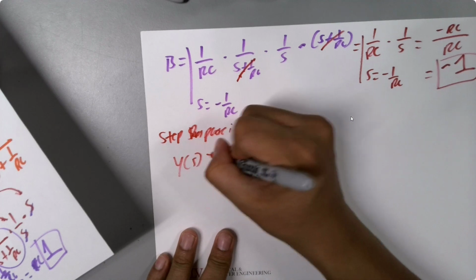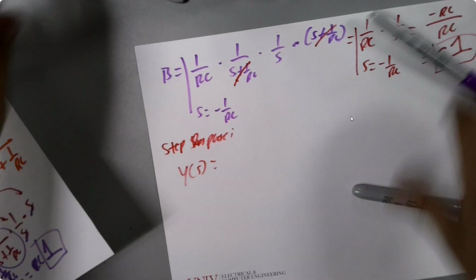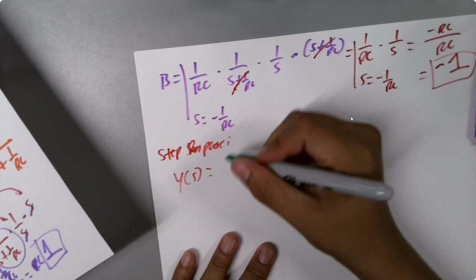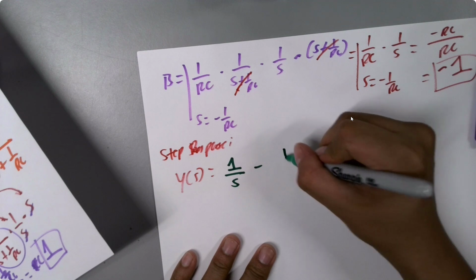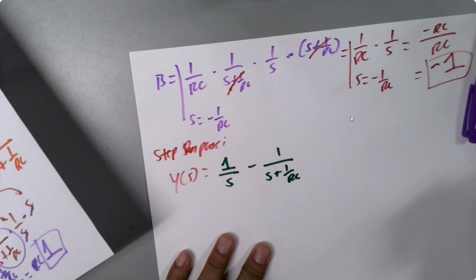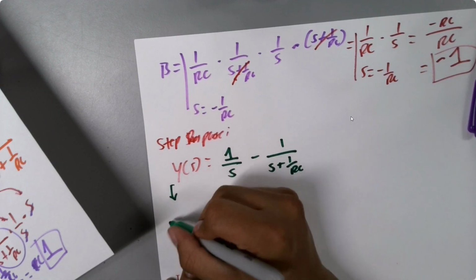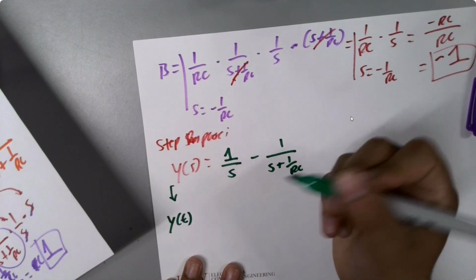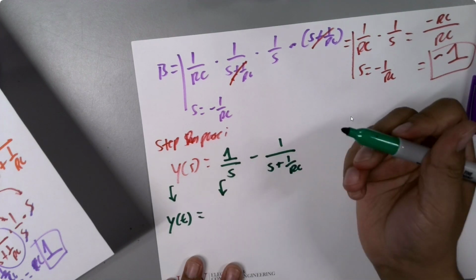Y of S is equal to the green marker 1 over S minus 1 over S plus 1 over RC. Easy? And now, if not the student, well, he will ask you for this. What is the output? So, by linearity, what is 1 over S?